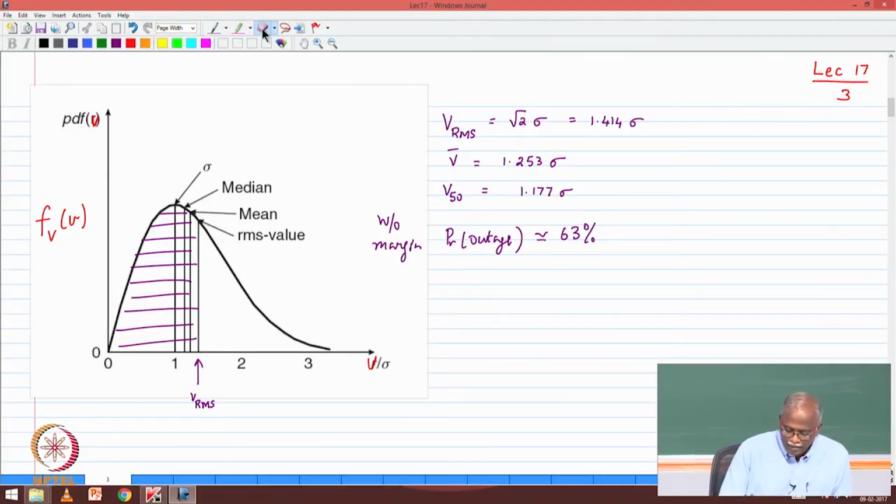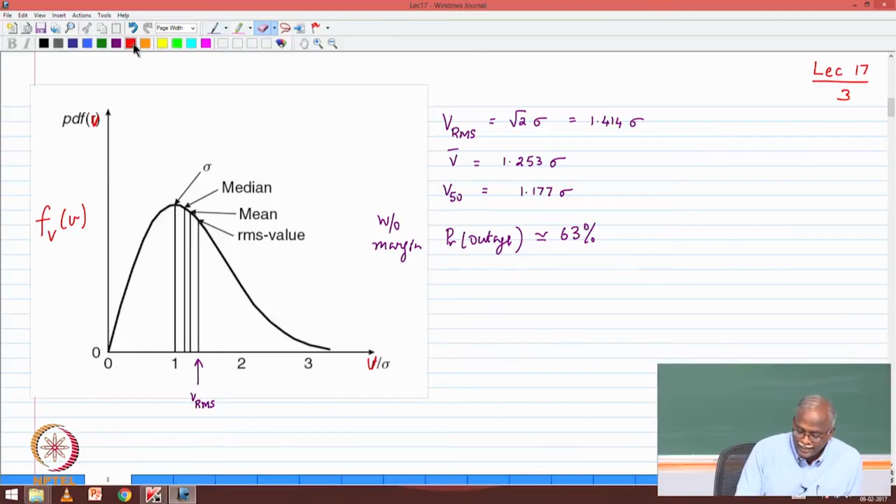Okay, now I want to introduce our notion of margin. I have introduced 10 dB of margin. 10 dB of margin says that I have shifted my average RMS value 10 dB above the nominal. So now the outage will be much reduced.